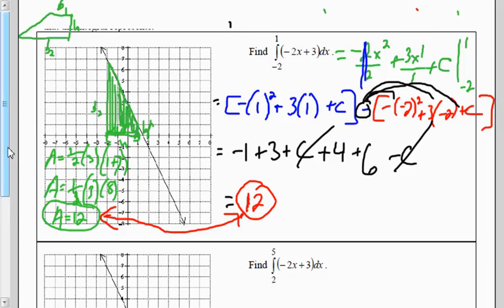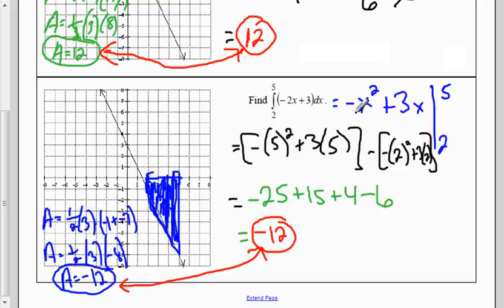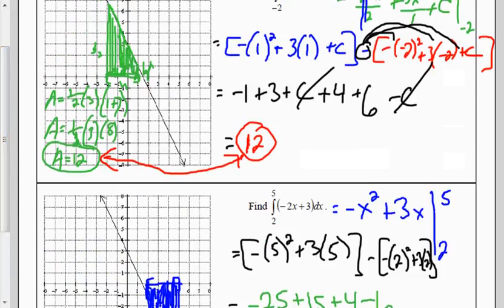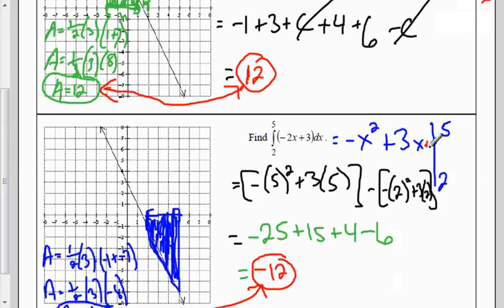Okay, so let's try the second example here. I'm going to do this out, and then we'll go over what we got. Okay, so we know the antiderivative is negative x squared plus 3x plus c. And then I know I'm going to get a plus c and a minus c, and those are going to cancel out.